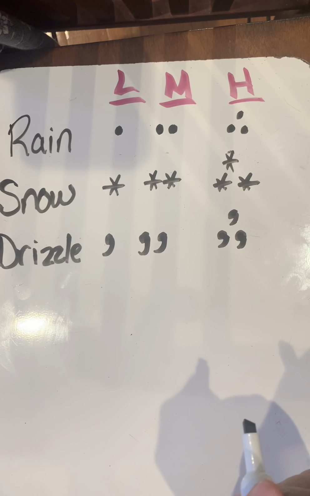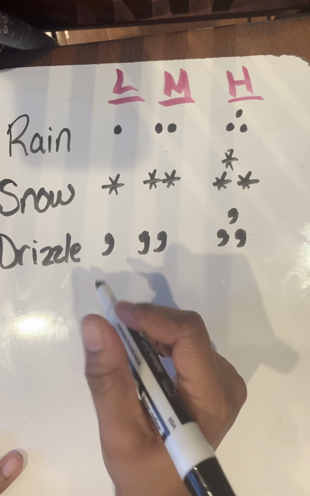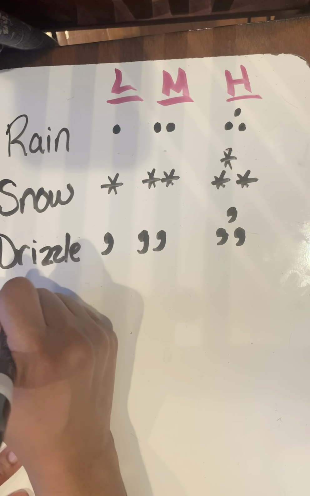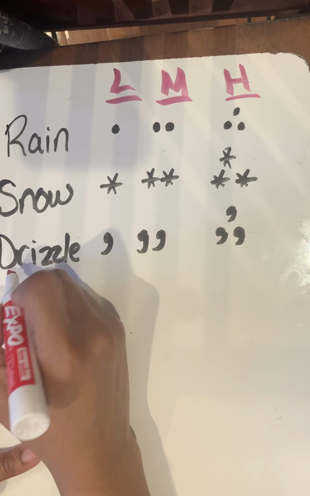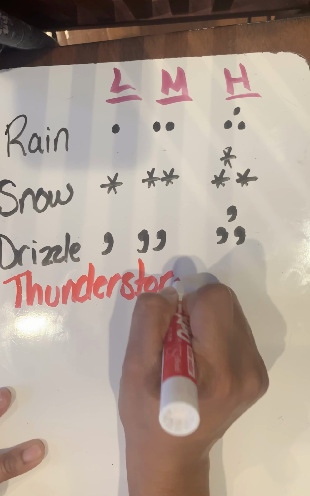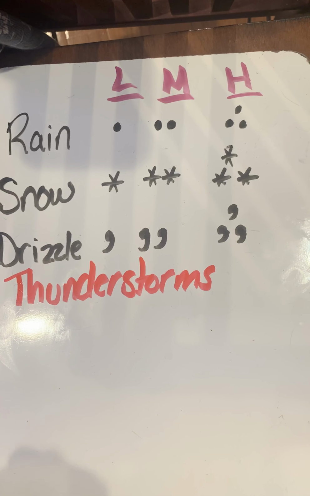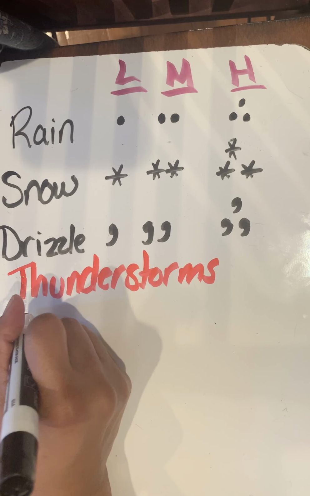And then we have storms. So a thunderstorm. I'm just gonna put thunderstorms here, hold on. The thunderstorm is represented by a straight line.